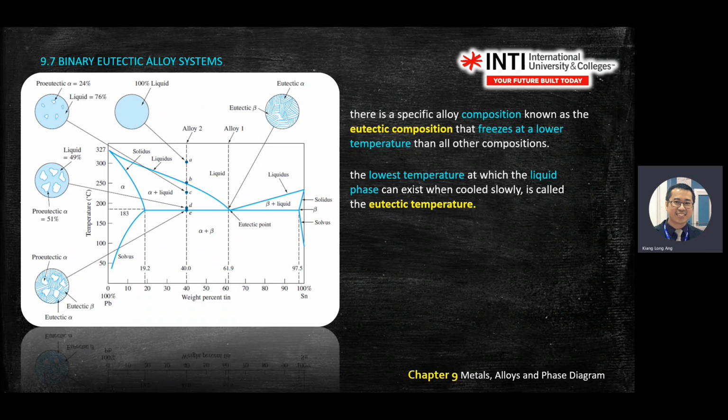You drop from liquid, then you drop. When you still can see liquid, you still go down. But if you pass this point, this is already solid. Here also solid already. Here you still have some liquid, but it's in a straight line. So this is the eutectic temperature.